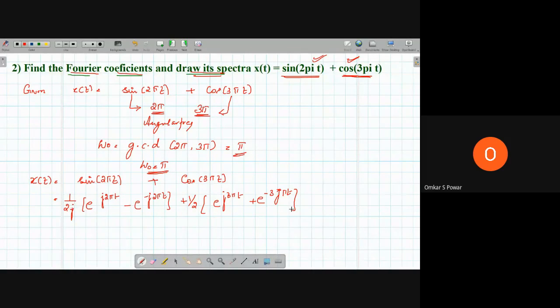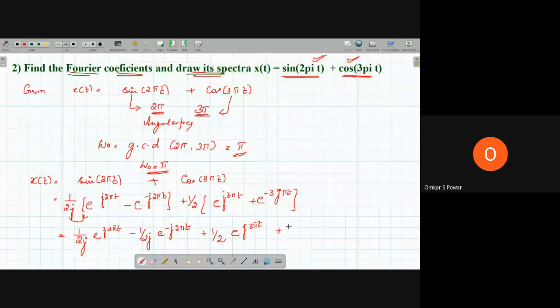Then we multiply each and every term inside to get the Fourier coefficients, and then we can compare. So 1 by 2j e power j 2 pi t minus 1 by 2j e power minus j 2 pi t plus half e power j 3 pi t. I'm just multiplying, there is nothing like rocket science going on here. Plus half e power minus j 3 pi t.